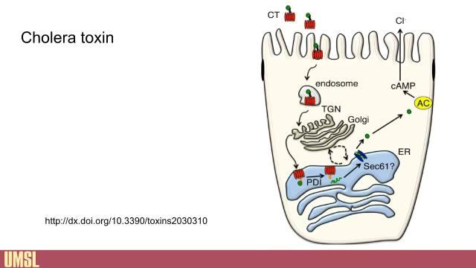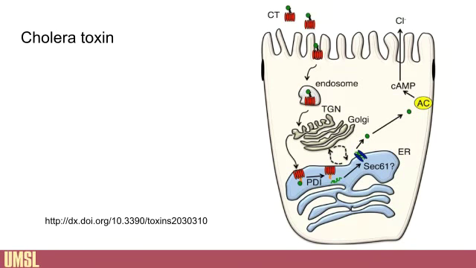So again, everything's going to come in as an endosome. In the examples that we talked about before, that endosome will get acidified, and that is an activating trigger for the toxin. Whereas this toxin, cholera toxin, ends up being transported through retrograde transport into the ER.